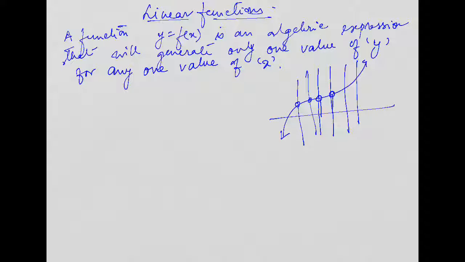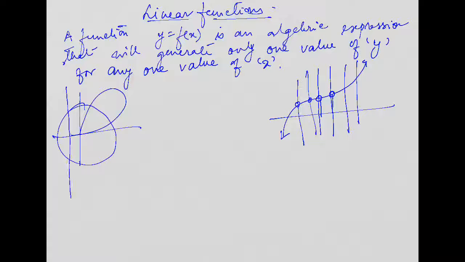For any loop or even a circle, if you test it with a vertical line, we can see the curve intersects the vertical line at 2 points. It means that for a value of x, there are 2 values of y. So this kind of curve cannot be considered a function.